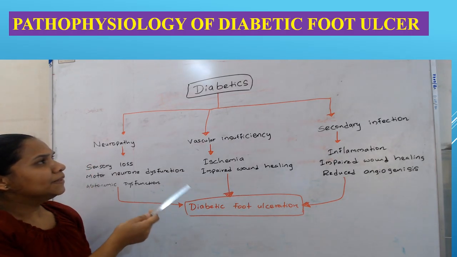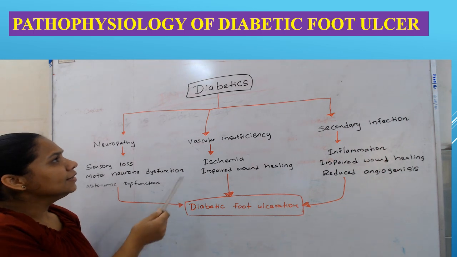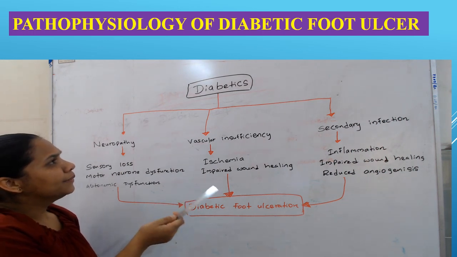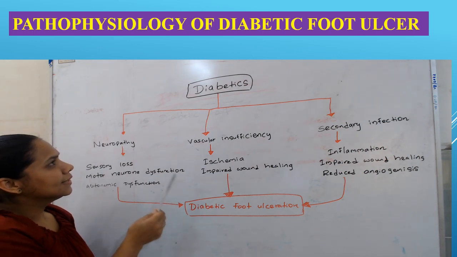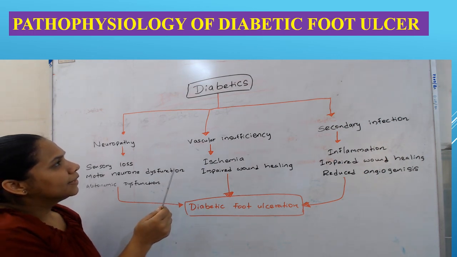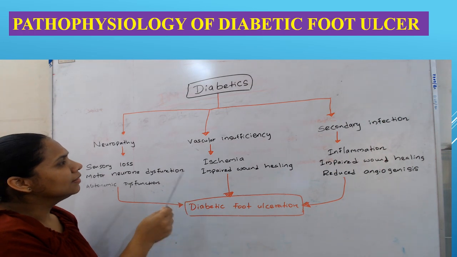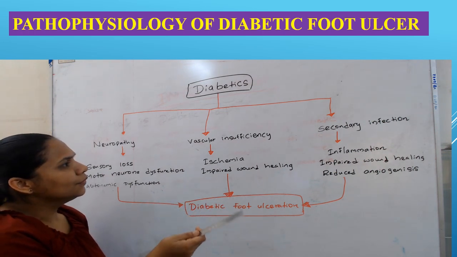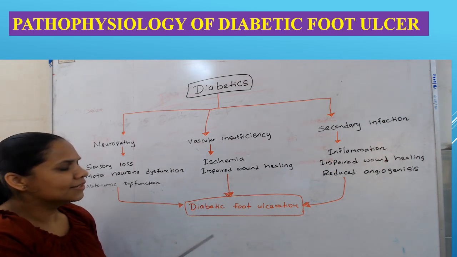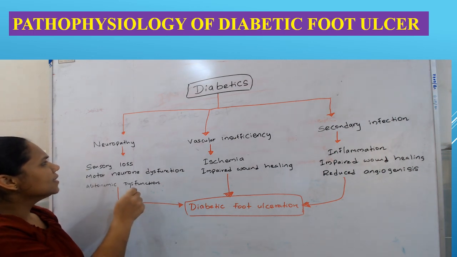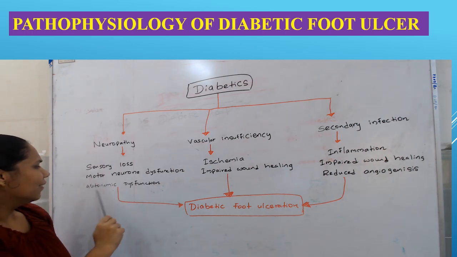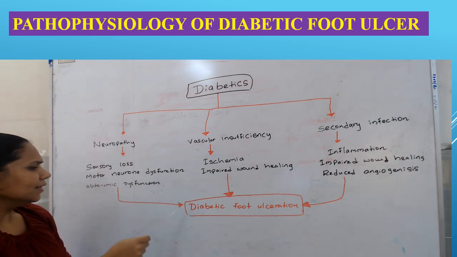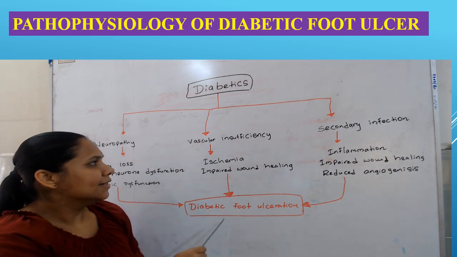Students, please look at this picture. This is the diabetic foot ulceration pathway. A diabetic patient has three main pathways that produce diabetic foot ulceration. First one is neuropathy. After that, sensory loss, motor neuron dysfunction, autonomic dysfunction produce diabetic foot ulceration.